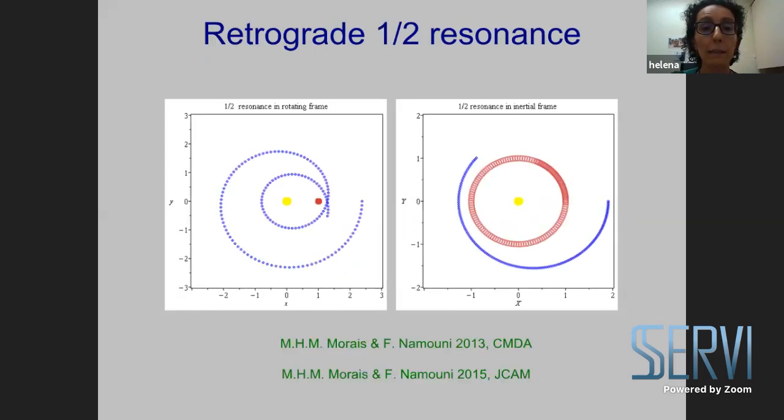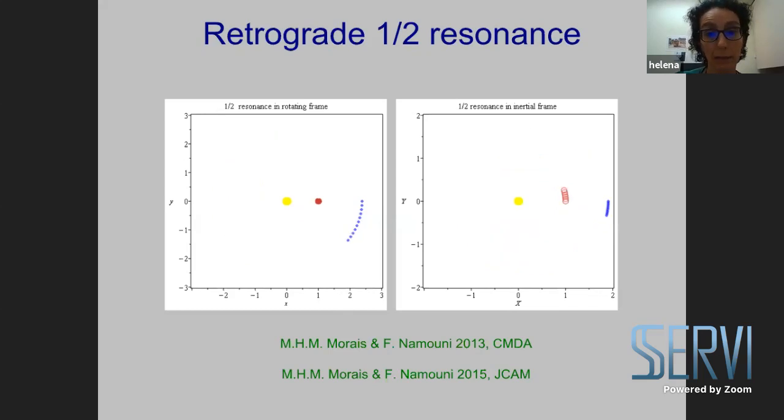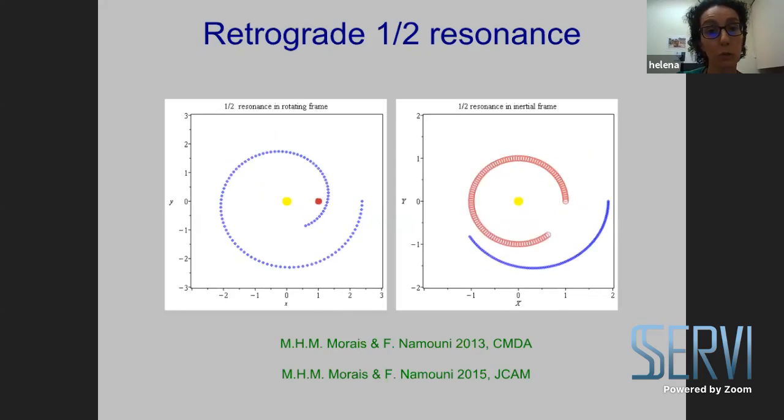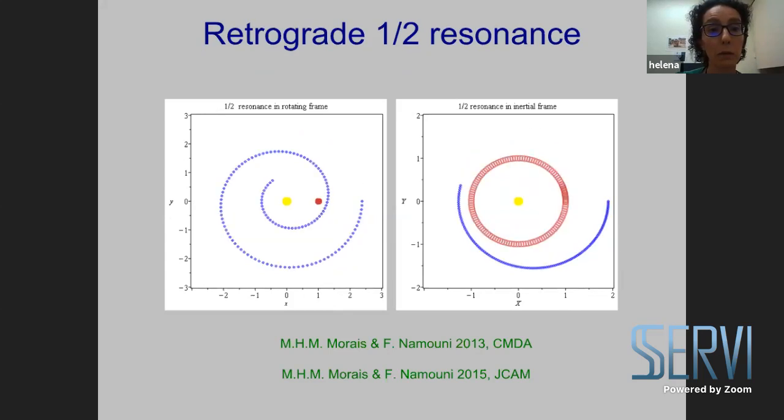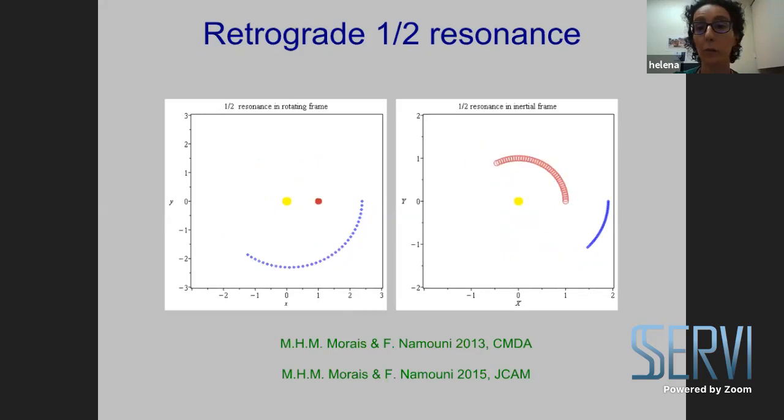This is an example of a retrograde resonance, in this case the 1-2 retrograde resonance. Notice on the right-hand side that the objects go around the sun opposite ways. And on the left is the relative motion in the rotating frame. So again, a stable configuration, but the motion is retrograde.